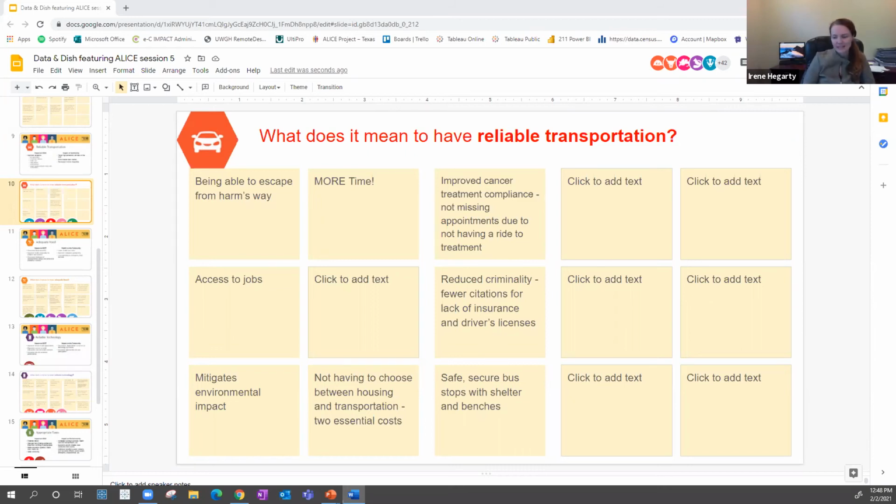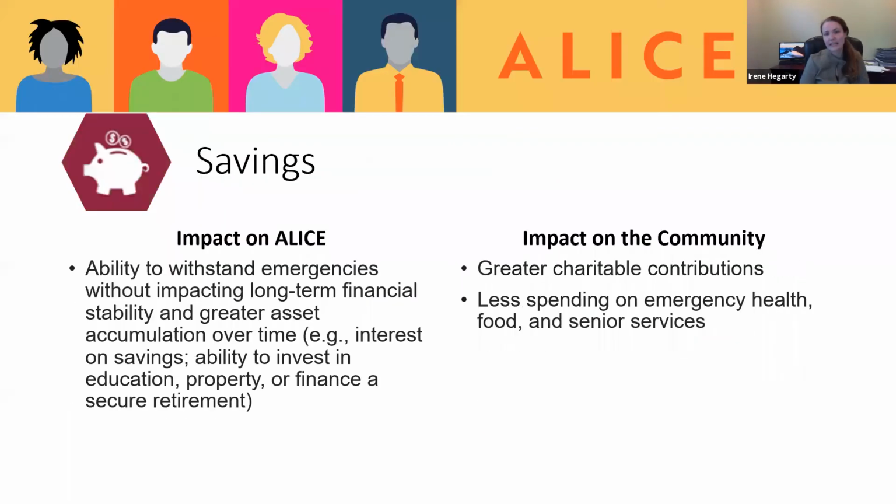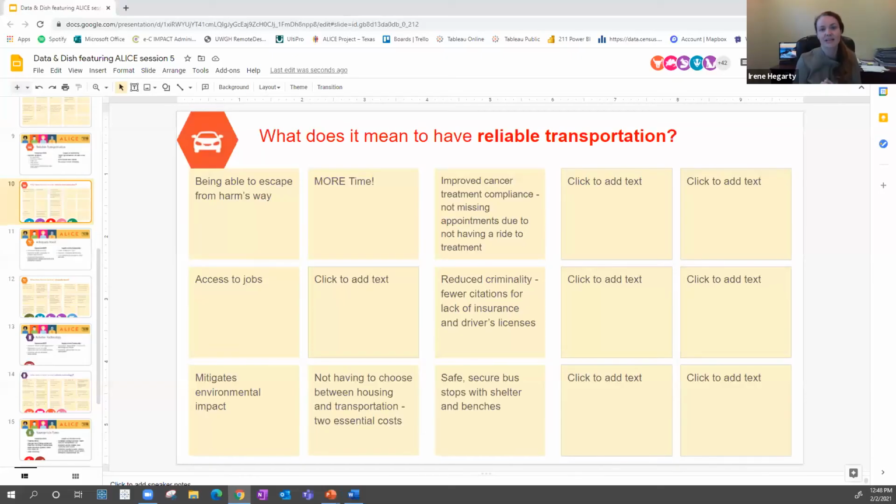So it offers them some potential increase in financial stability because they have more access to jobs, different industries that may not be accessible to them within walking distance. It offers them more community support because they may live close to a job, but maybe they used to go to a church on the other side of town, and they have a lot of support there.